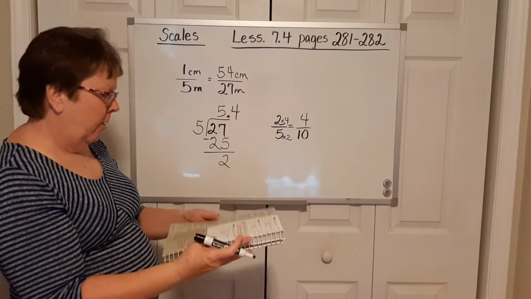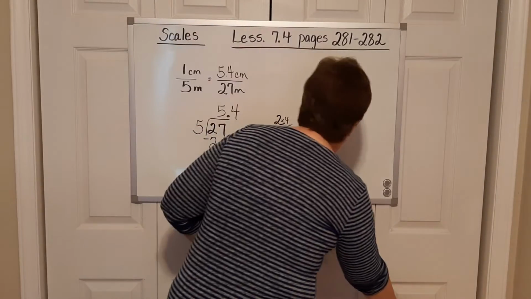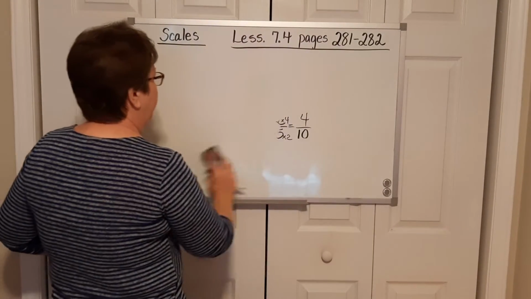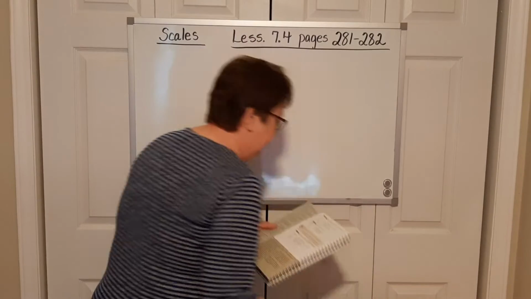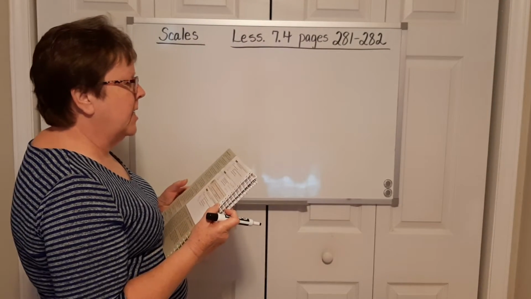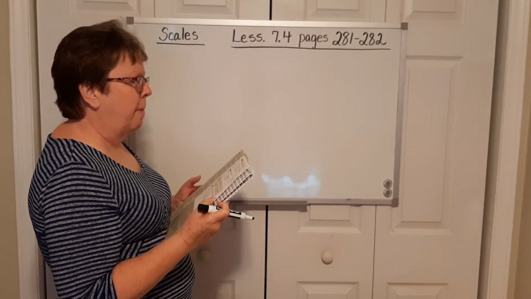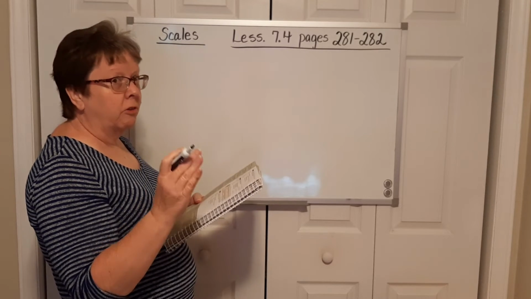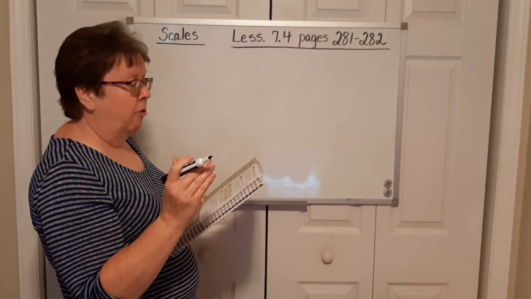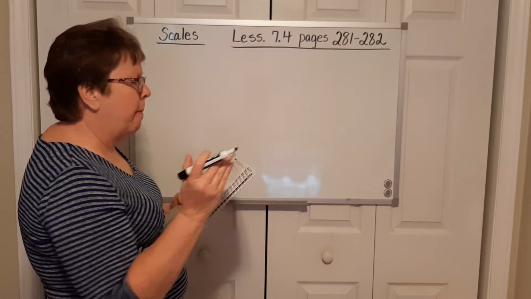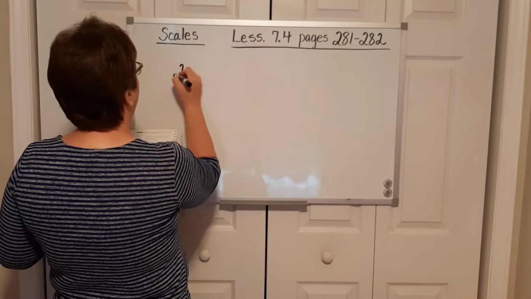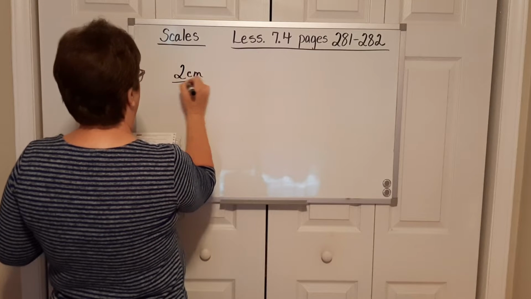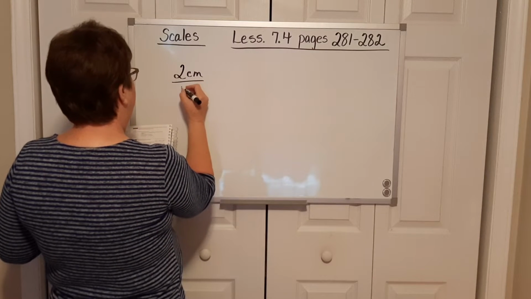All right. If you turn the page to page 282, we're going to look at example 2 here. It says the distance between 2 towns on a map is 3.6 centimeters. Now here it tells us a scale, and we want to make that into a fraction. The scale on the map is 2 centimeters to 15 kilometers.